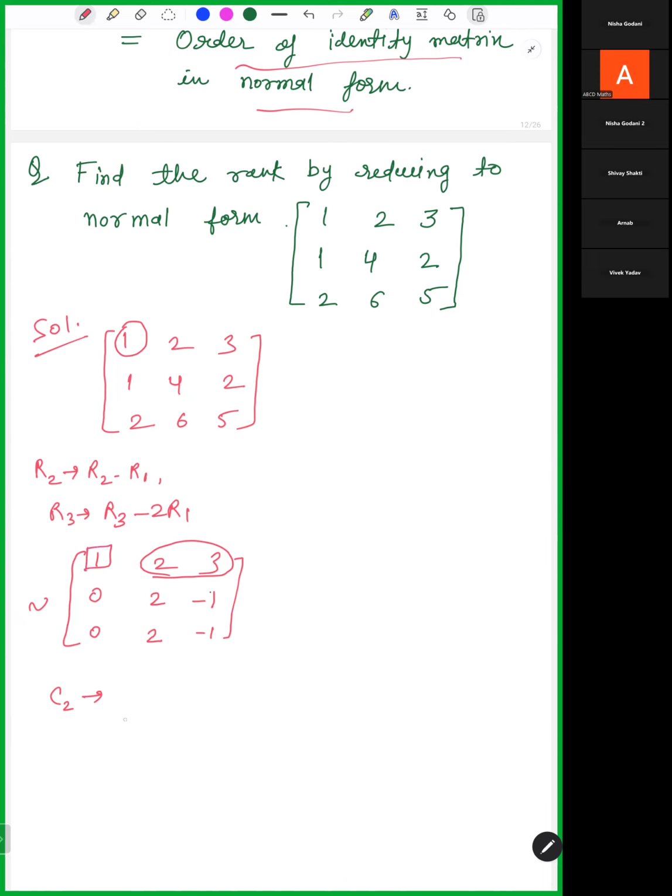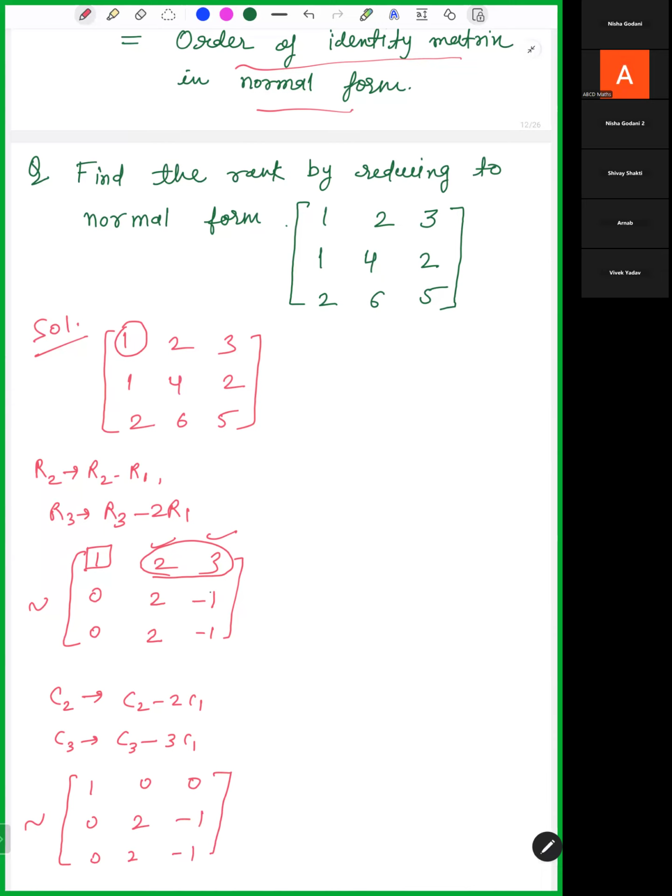So you will write C2 minus 2C1, and in C3, you will write C3 minus 3C1. Okay. So application of this operation will give you zeros in place of these, and there will be no change in other elements. So you will have 1, 0, 0, 0, 2, minus 1, 0, 2, minus.